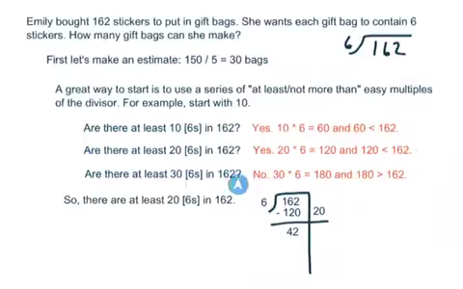So then I might even try, well, are there at least 30 6s in 162? And then I'm stopped there, because no, 30 times 6 is 180, and 180 is greater than 162, so I can't go that far. So let's go back to the highest one I could do, which is there are at least 20 6s in 162.